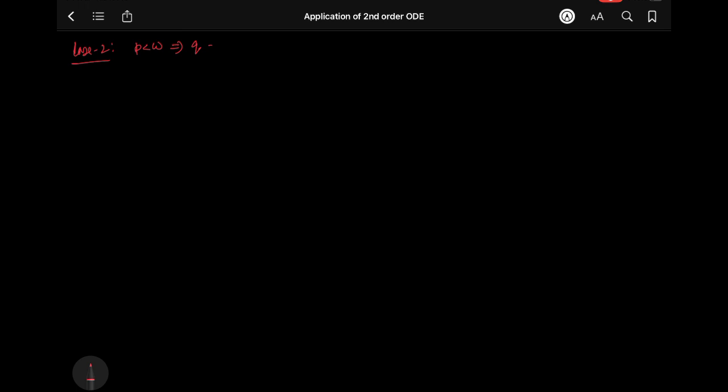Now P is less than omega, that means you are getting imaginary numbers, both the roots are imaginary.